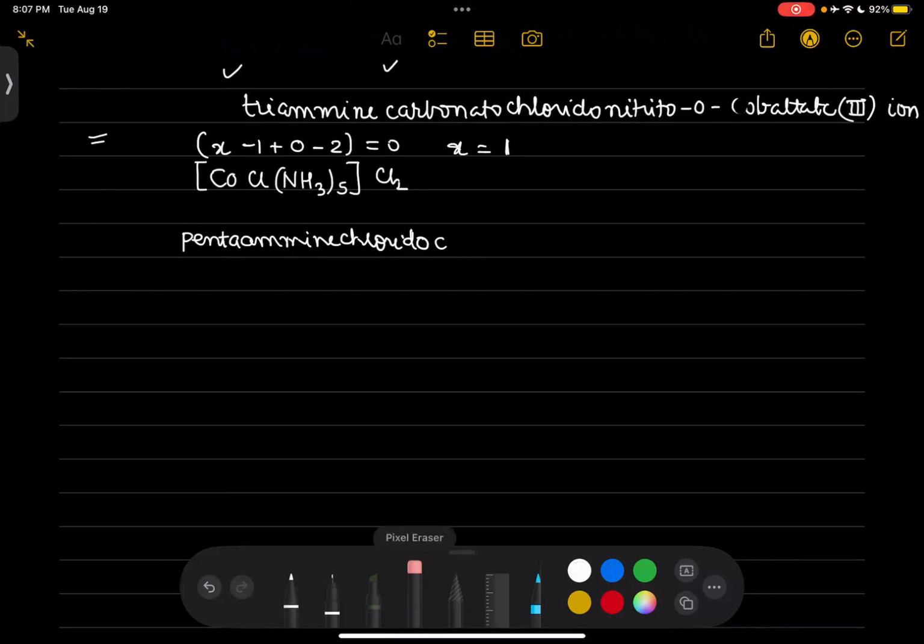So X equals +1 +2, that is going to be +3. So pentaammine chloride of cobalt(III), and chloride I will write, right? Is it clear? Yes, sir. Okay.